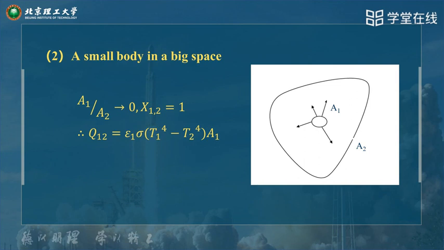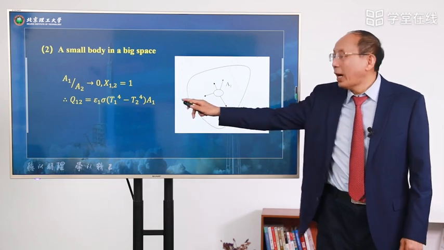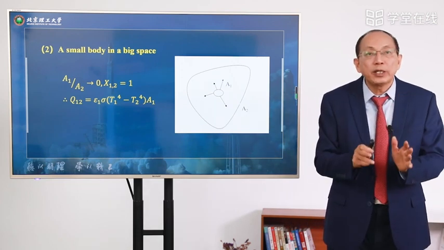So x1 to 2 is 1. So Q1 to 2 equals epsilon 1 sigma times (T1 to the fourth power minus T2 to the fourth power) times A1. Here A1 is the surface area of the small body.